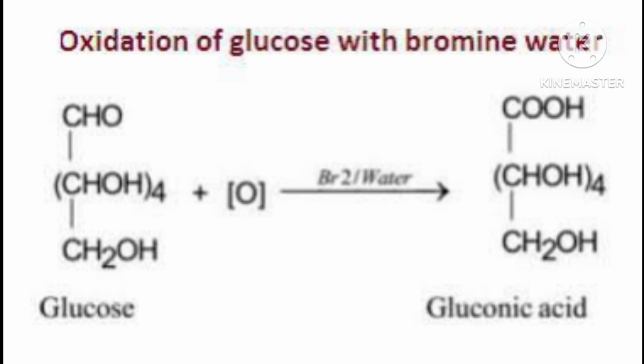Okay. Then this reaction, the acetylation reaction, confirms the presence of 5 OH groups. Now the next evidence I am talking about: on oxidation with nitric acid, glucose as well as gluconic acid both yield a dicarboxylic acid, which is called saccharic acid.